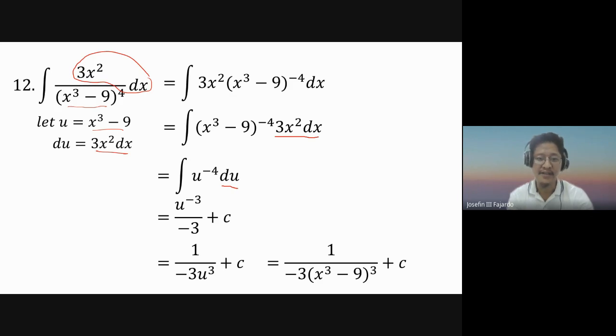And nag-substitute tayo, kaya naging ganito. And then, yung integral na to, becomes this. So, hindi naman talaga siya technically nawala ng ganun-ganun lang. But we just substituted that to a different variable. Okay po, sir.